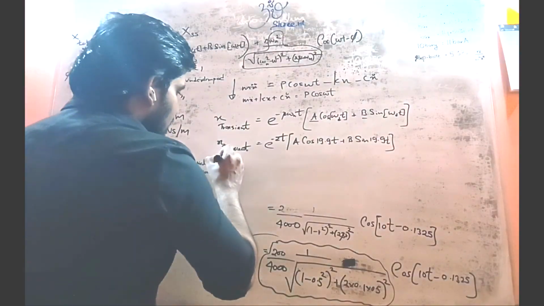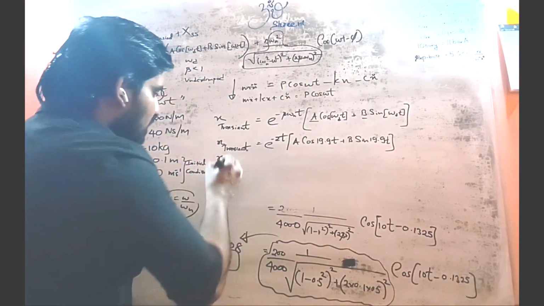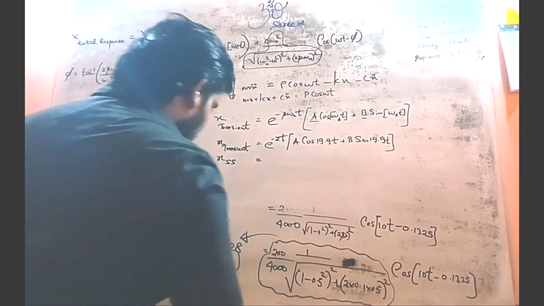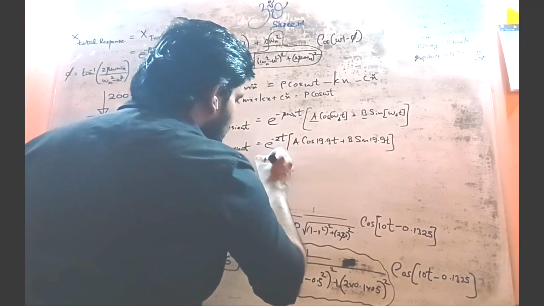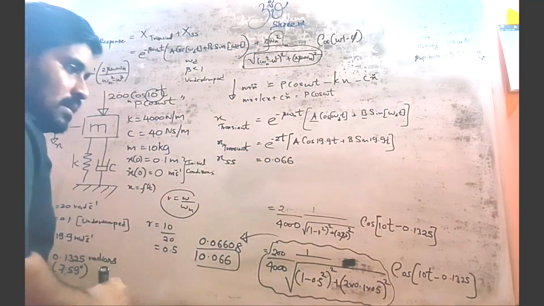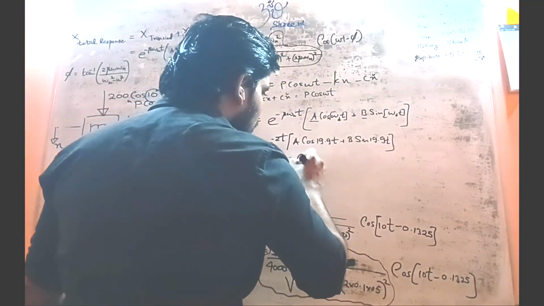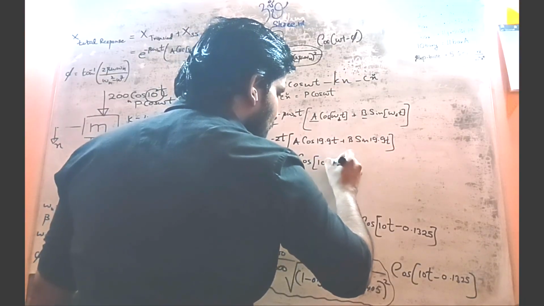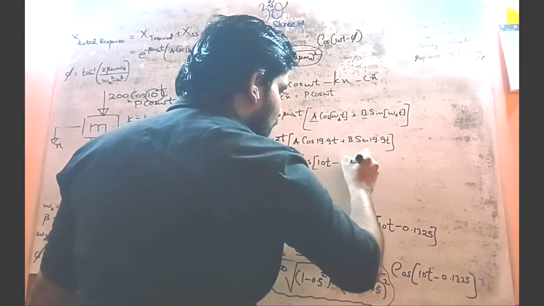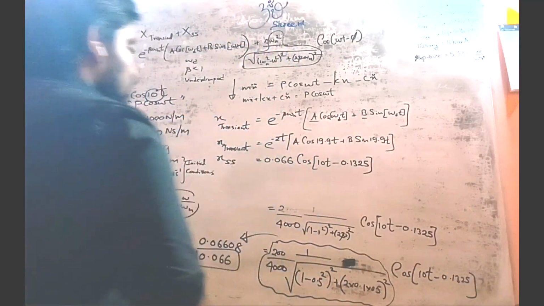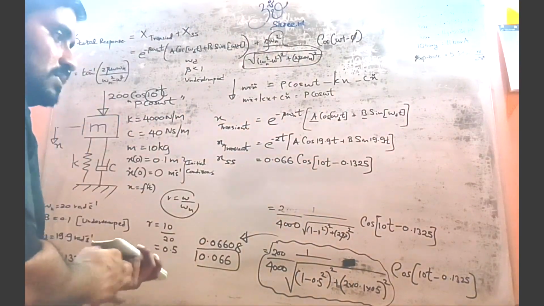I will represent x steady state by SS. That equals 0.066 times cosine of 10t minus 0.1325. So this is the part for the steady state response.